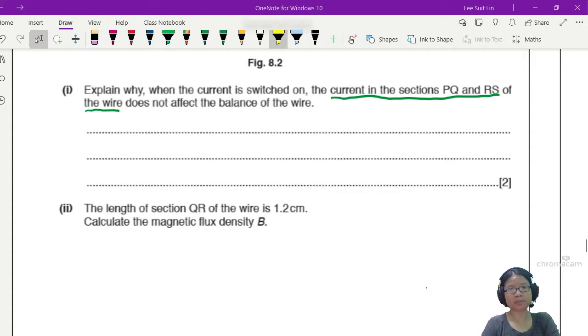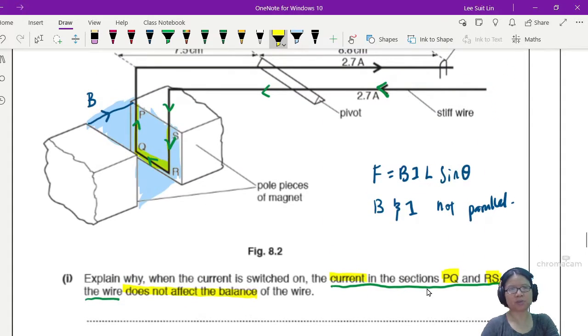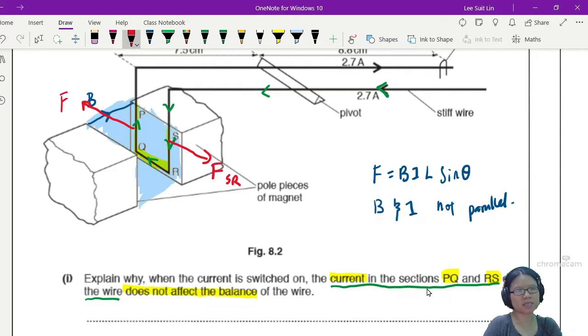Explain why, when the current is switched on, the current in PQ and RS does not affect the balance. If you remember from the diagram I've drawn on the paper just now, the force on SR is in this direction, and the force on PQ using your Fleming's hand is in this direction.